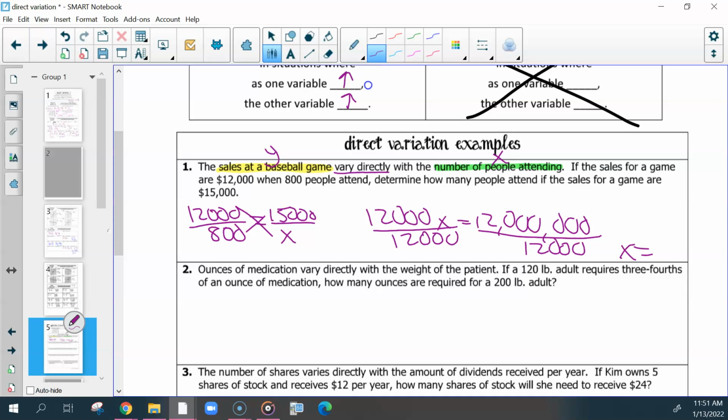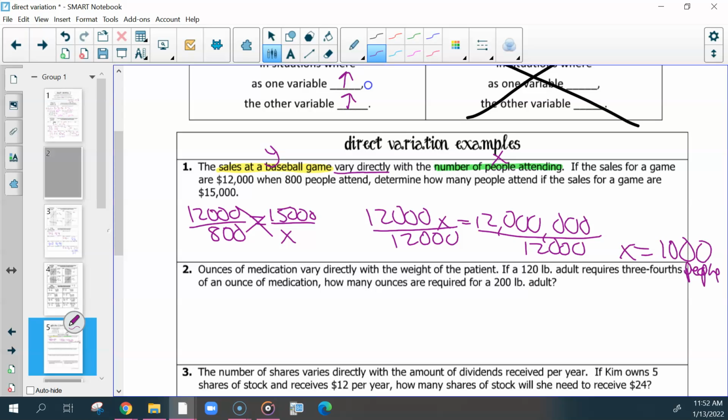So what would our X be? 1,000. And because these are word problems, we need units, so 1,000, what? People.